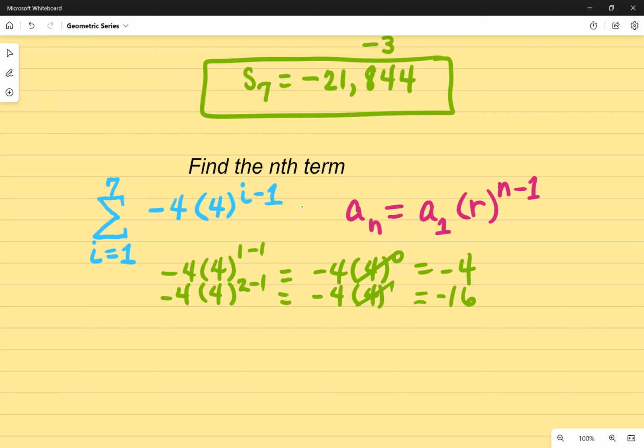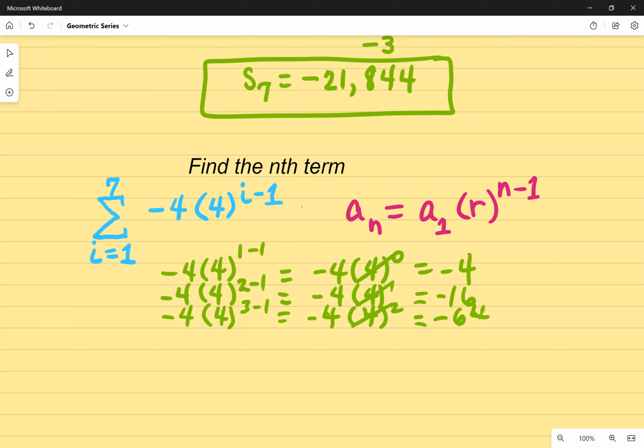And I'm going to do 2 more. Next time I go to the next number, 3 minus 1, which simplifies to 2. And then I have 4 to the second power, which is 16. 16 times -4 is -64.